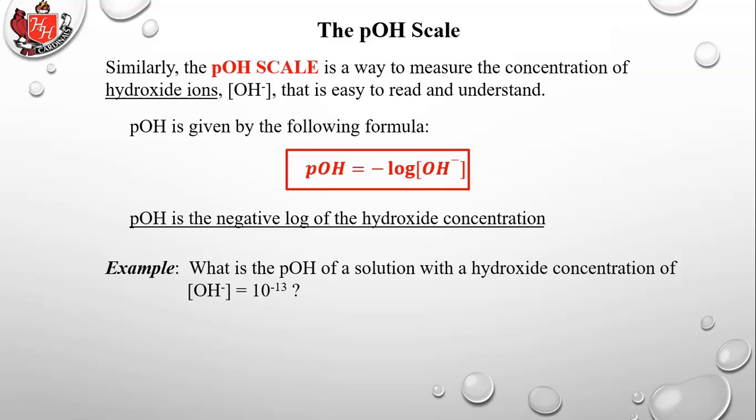So what is the pOH of a solution with a hydroxide concentration of OH- equals 10 to the negative 13th? You'd simply plug that in. P of 10 to the negative 13th is negative log of 10 to the negative 13th, and that equals 13. Again, it's done exactly the same way as pH, except you do it with the OH- concentration.